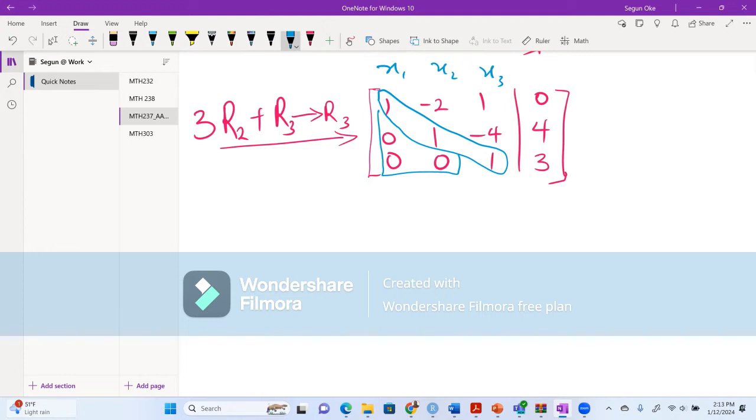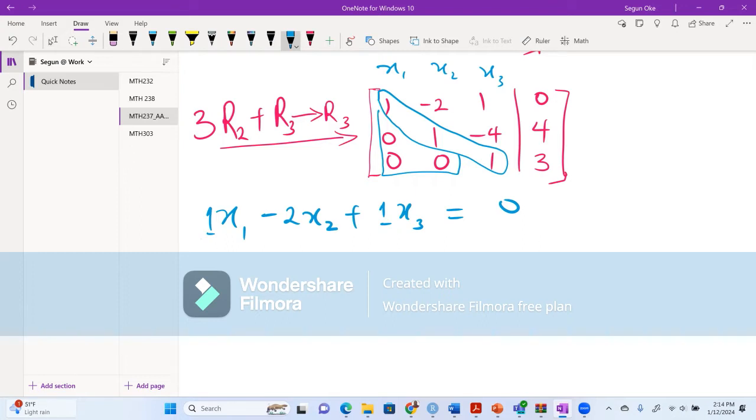So 1 multiplied by x1 will be, remember, x1. This is what I'm doing. Multiplied by this 1. So we have -2s2. Then plus, let me just do it this way: 1x1 -2s2 plus 1s3, everything equals 0.